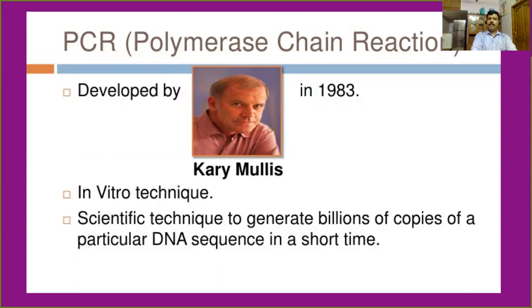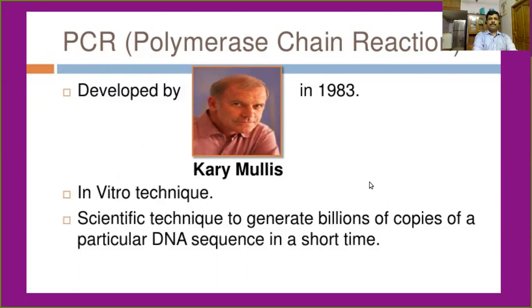At that time, we use the technique named polymerase chain reaction for the amplification of the desired gene. This is an in vitro technique. By using it, we can generate billions of copies of the desired gene if it has very poor quality or very poor quantity.